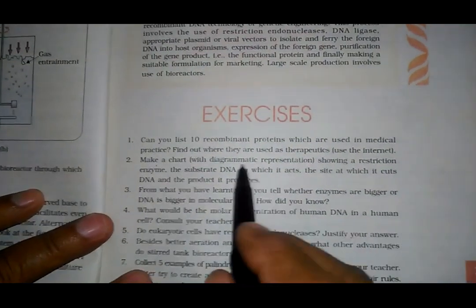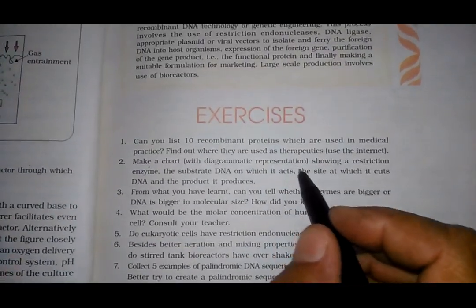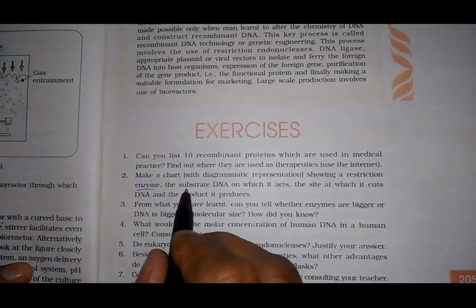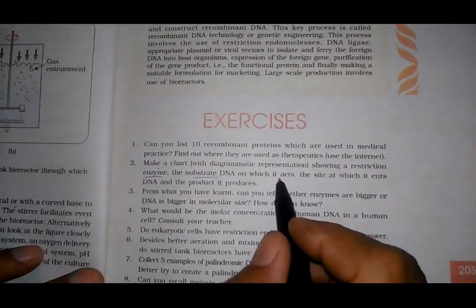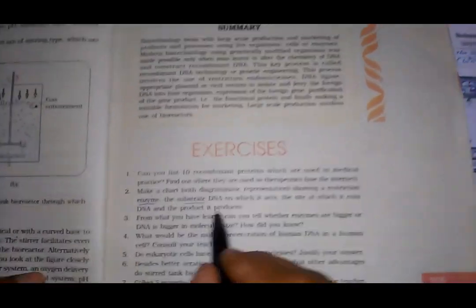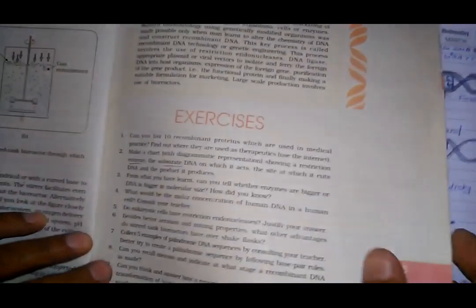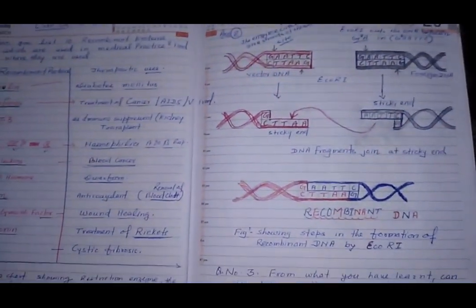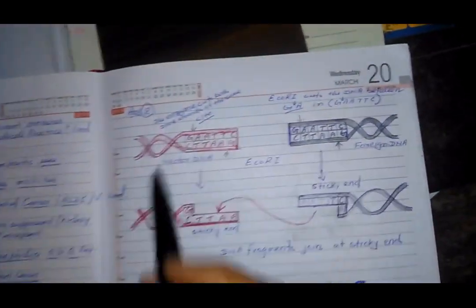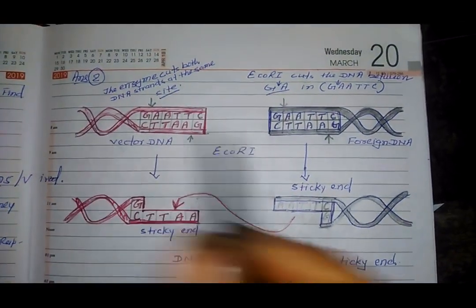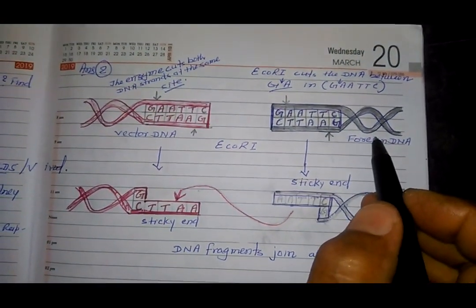Make a chart with diagrammatic representation showing the restriction enzyme, the substrate DNA on which it acts, the site at which it cuts DNA and the product it produces. So here I have made the answer for you. Try to understand. Here this one is a vector DNA and this one is a foreign DNA.